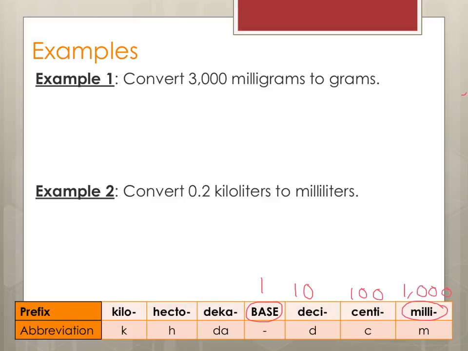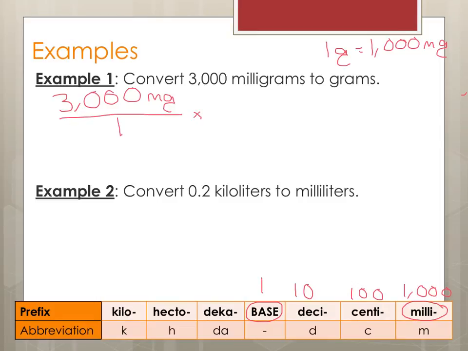So we know that we have our conversion factor, 1 gram equals 1,000 milligrams. Okay, we're going to take our starting number, we have 3,000 milligrams, and write that over 1, and then multiply with our conversion factor, making sure that milligrams is on the bottom so it cancels with the milligrams on the top.